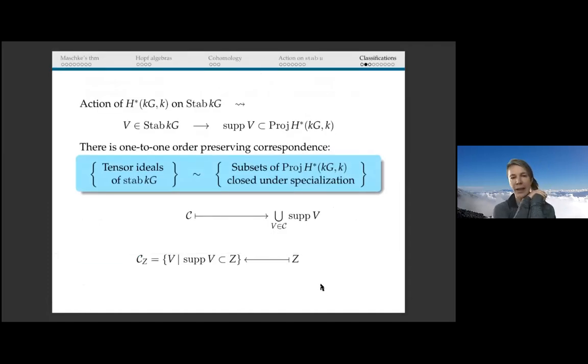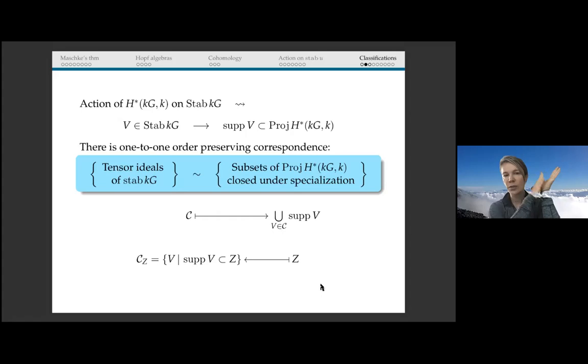Using the action of the cohomology algebra on the stable category, one can associate to any representation a geometric invariant called the support. This is the support that I'm sure you've seen in the algebraic geometry setting: for sheaves, you have a sheaf over a scheme, and the support you can define by looking at specialization at every point and seeing whether it vanishes or not, or via annihilators.